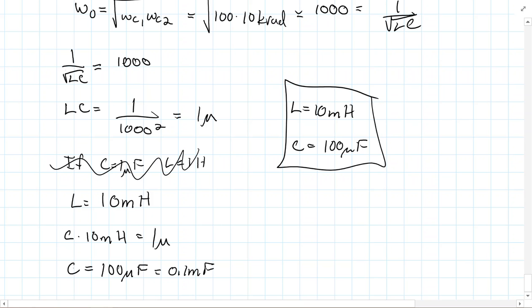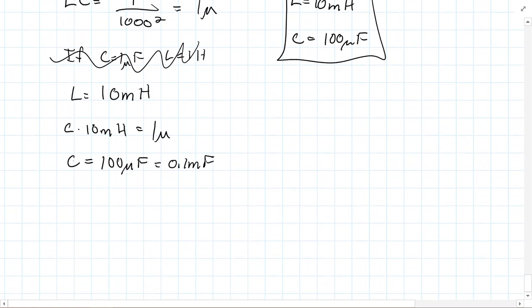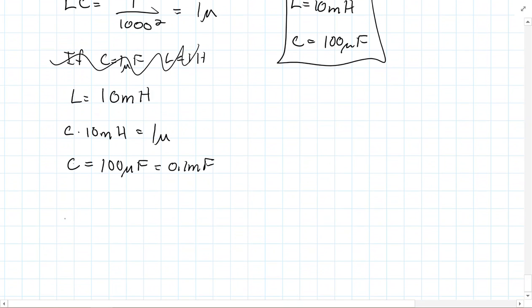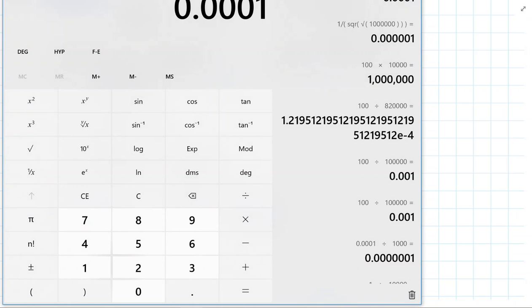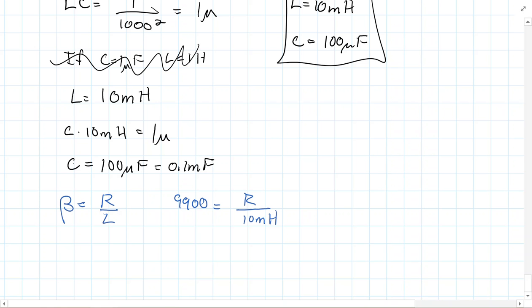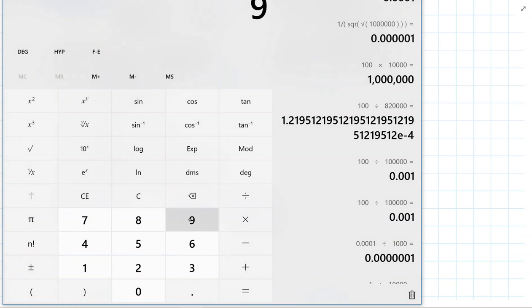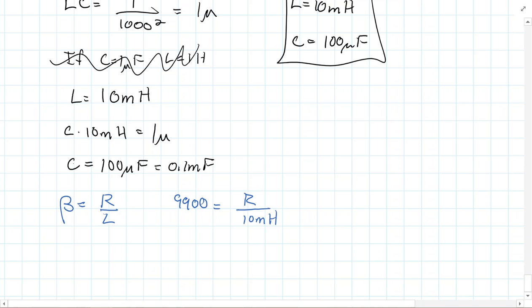So we've got that done. And now we have the bandpass portion, because remember, my bandwidth is equal to R over L. So my bandwidth was 9,900, which is going to be equal to R over 10 millihenries. And this is where some of these designs become a little unrealistic, so let's look at what the size of the resistor is. 9,900 times 10 milli would be 99 ohms.